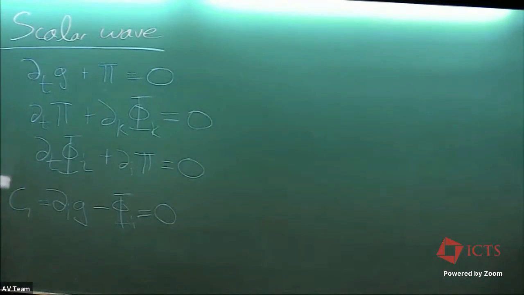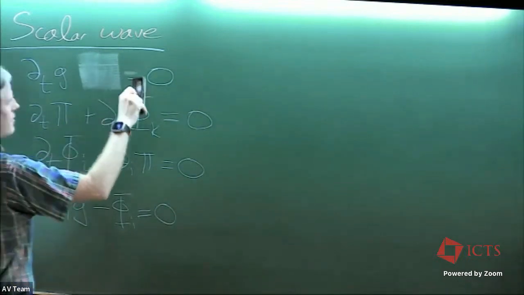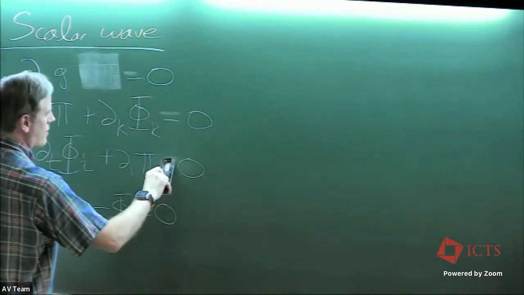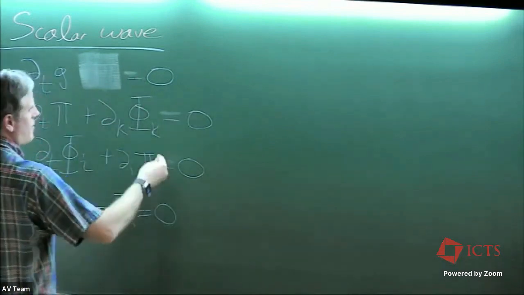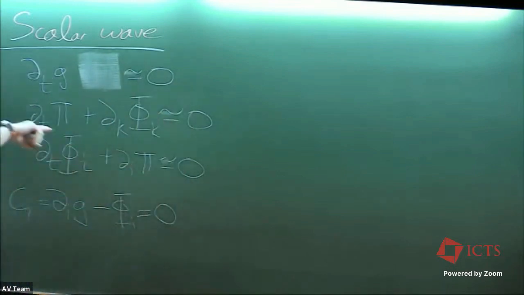Which equation has the non-zero source term in it? The first one, and the source term is just this Pi. So if I get rid of that, I'll use this notation here for the principal part. The squiggle equals means this is the principal part, only the derivative terms.